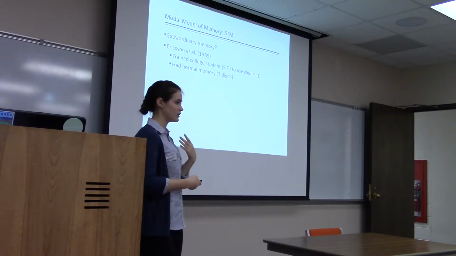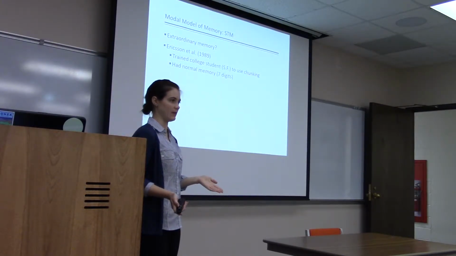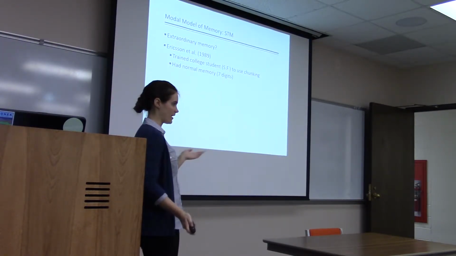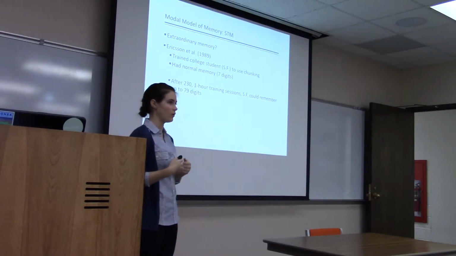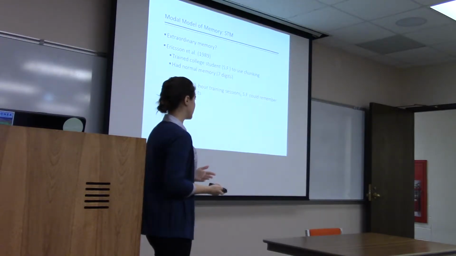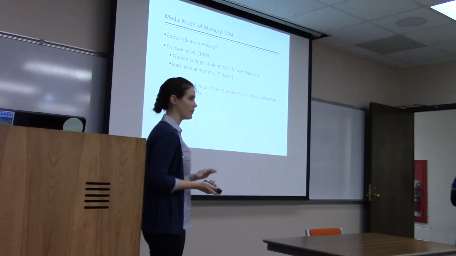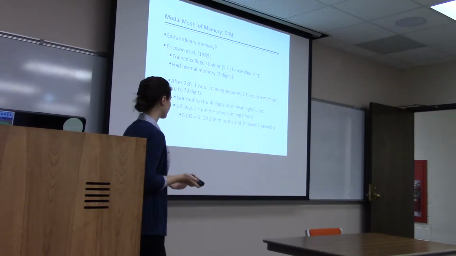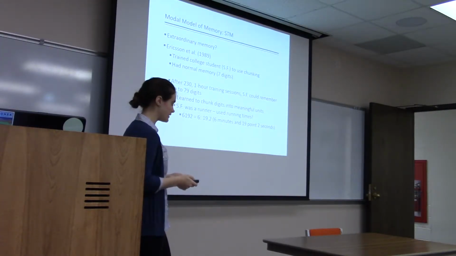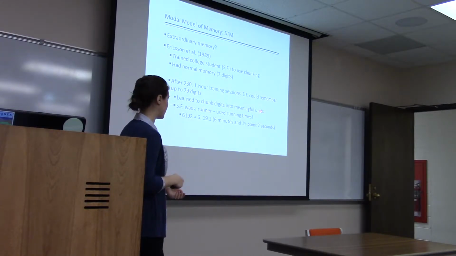This person just had a normal digit span. They could remember 7 digits just like any other person. But after 230 one-hour training sessions, the student could now remember up to 79 digits. And he did this by learning to chunk the digits into meaningful units.